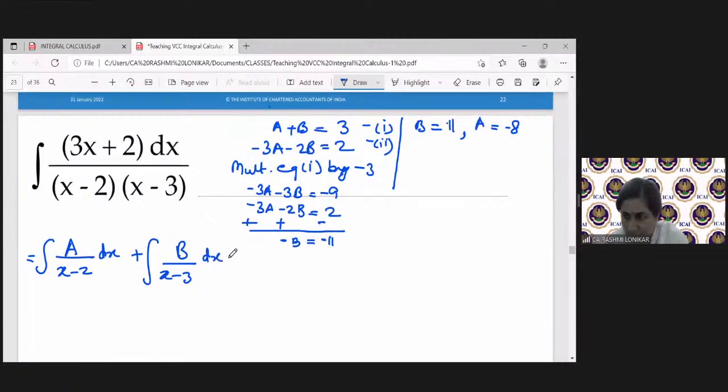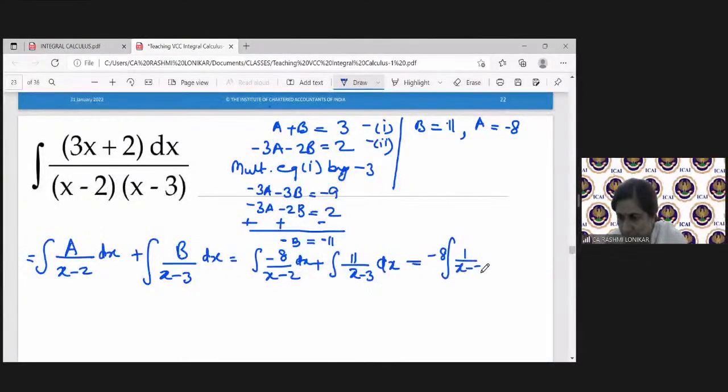The integral can be written as the integral of minus 8 upon x minus 2 dx plus the integral of 11 upon x minus 3 dx. So this is minus 8 times the integral of 1 upon x minus 2 dx plus 11 times the integral of 1 upon x minus 3 dx.